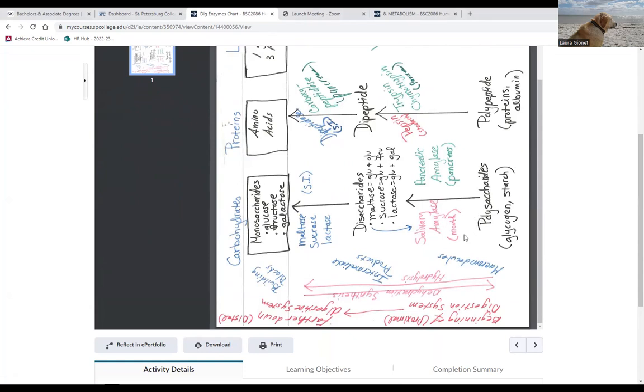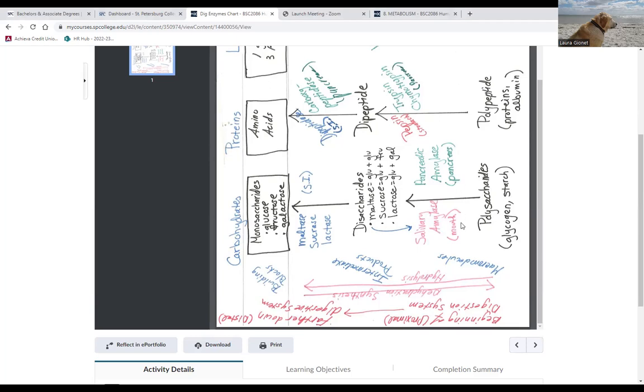And in doing so, when you do it this way, you can, with arrows, begin at a polysaccharide, ending with a disaccharide to a monosaccharide. I mean, this is what digestion is, starting with large molecules and ending with smaller ones. So when I draw it out this way, the arrow always points to the product. So if I'm starting with a polysaccharide and going to a disaccharide, I'm going to be pointing to those.